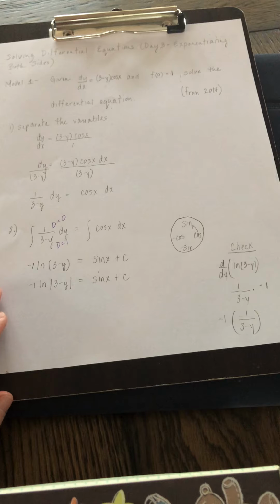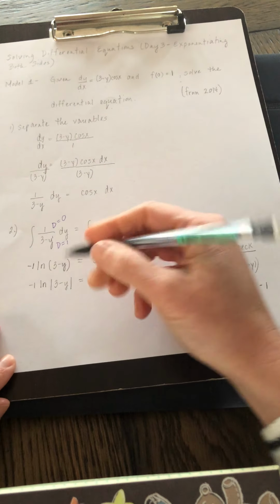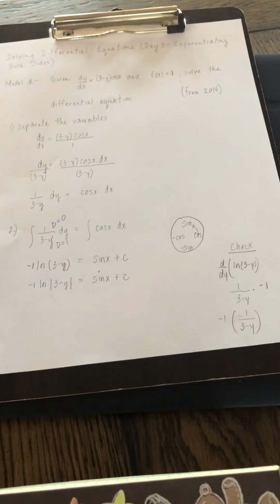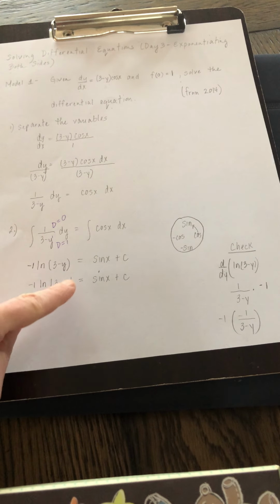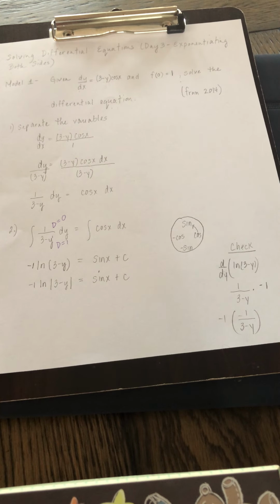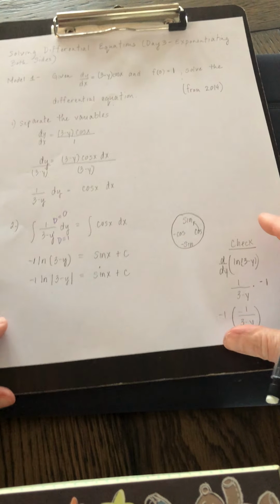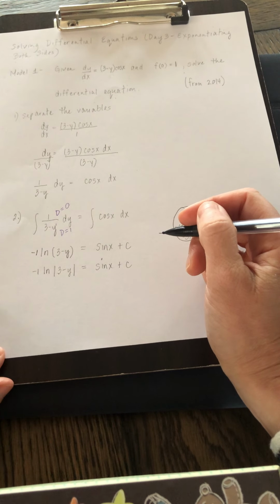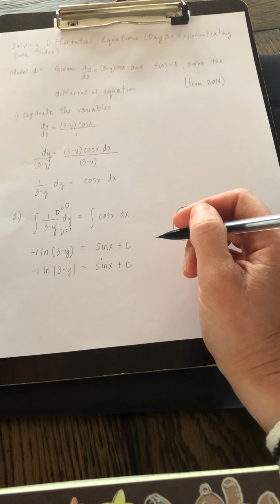So we are supposed to put the absolute value symbol to note that whatever this is has to come out to be positive, okay? And again, I didn't emphasize that yesterday in our lesson, just because I didn't want to throw another review topic at you at the same time. Okay, so we have successfully integrated.